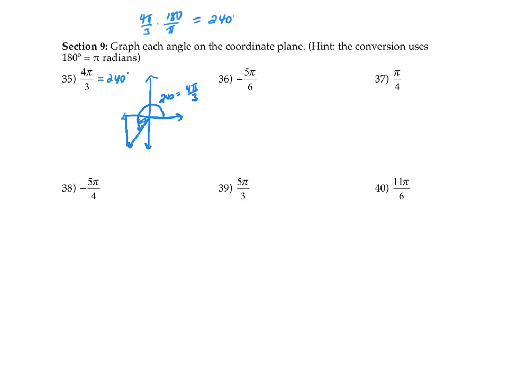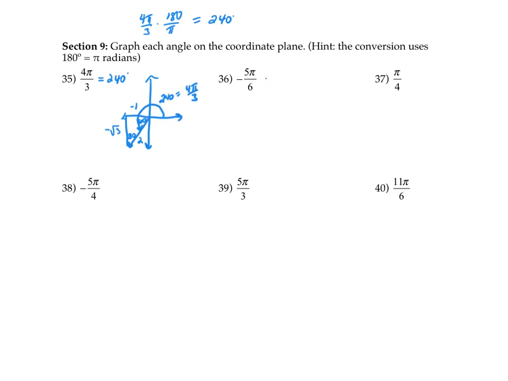That's going to come in handy in the next portion of our work, where you're asked to find the exact trig value. So we would have the side opposite 30 would be negative 1 because we're going in the negative direction. Side opposite 60 would be negative square root of 3, and the hypotenuse would be 2.